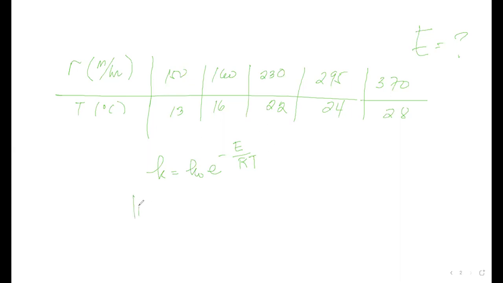So we get the ln of both sides: ln k equals ln k sub o plus the ln of e raised to negative E over RT, which is negative E over R.